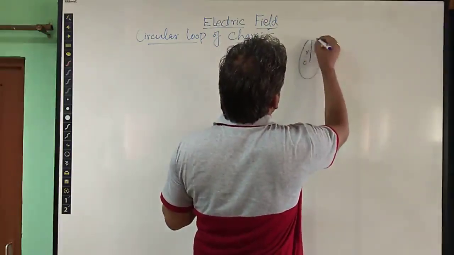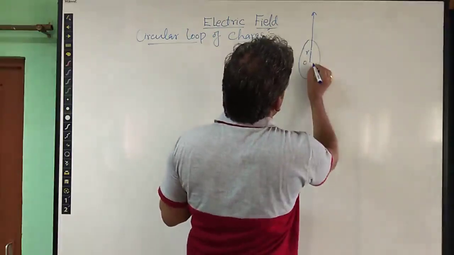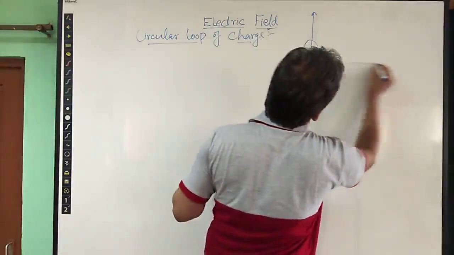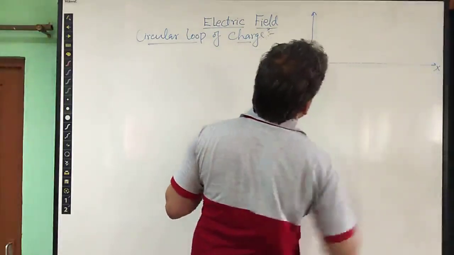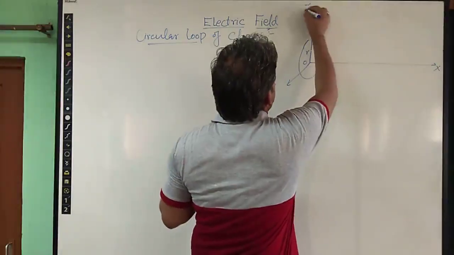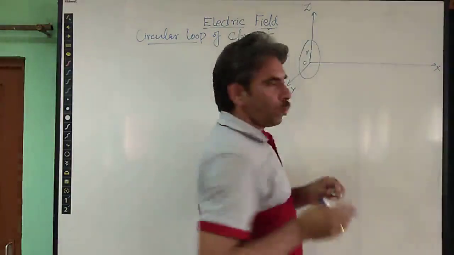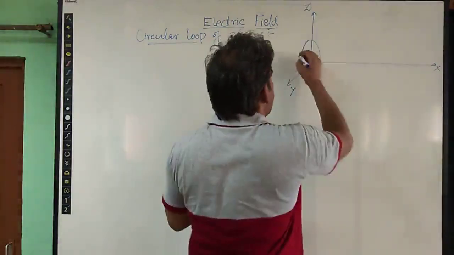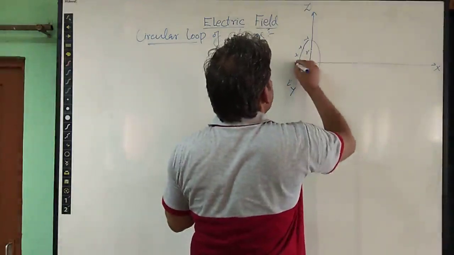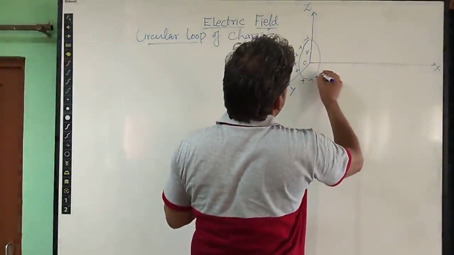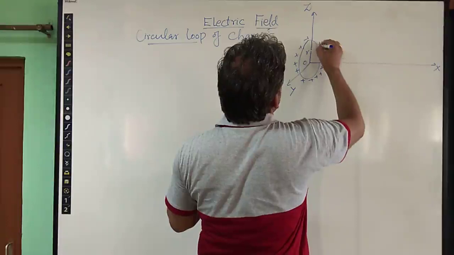Let us draw a coordinate system with respect to the situation. This is X, this is, let it be represented by Z, this is Y. So we have a loop of charge, which is positive charge, distributed all over its circumference.